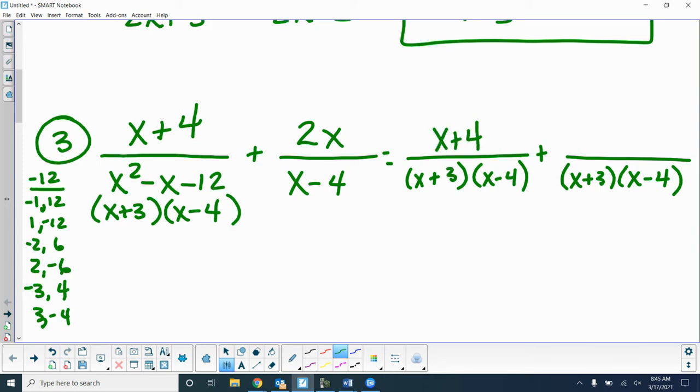Now the second denominator was x minus 4, and now I got an x plus 3 and an x minus 4. So what did I do to the second denominator? I multiplied by x plus 3, right? So I have to do that to the 2x, the original numerator. I have to multiply by x plus 3. There's my two fractions now, rewritten with a common denominator.